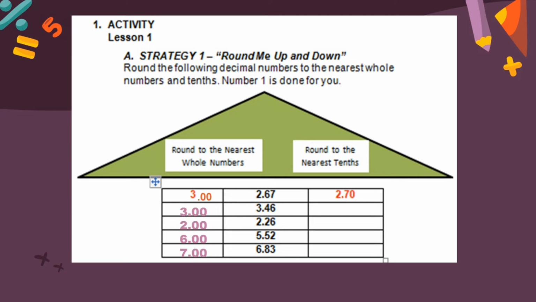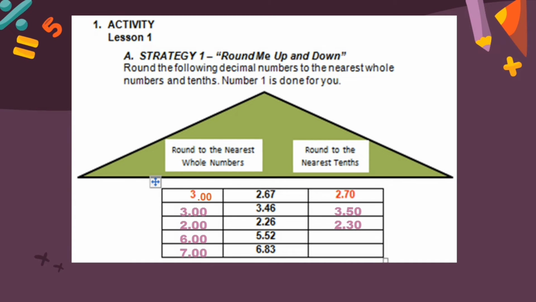Very good. 7. Now, let us round off to the nearest tens. Okay, give me your answer. Very good. 3.50. How about 2.26? Round to the nearest tens.